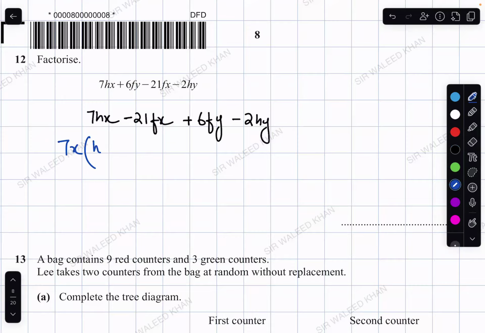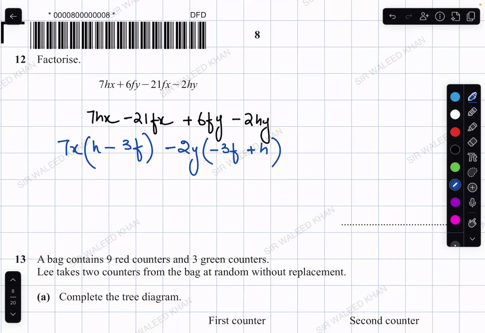We are left with H minus 3F, and taking out minus 2Y, we are left with negative 3F plus H.